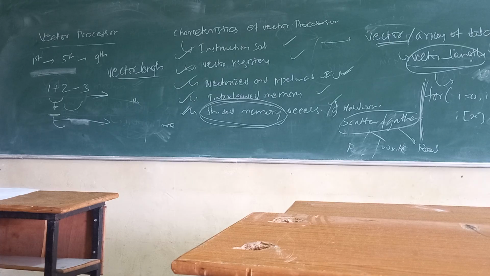If you are performing some operations in the for loop with a range of vector length, then definitely we can perform with a single load, add and store operation. While another conventional system may require these three operations separately for single elements.